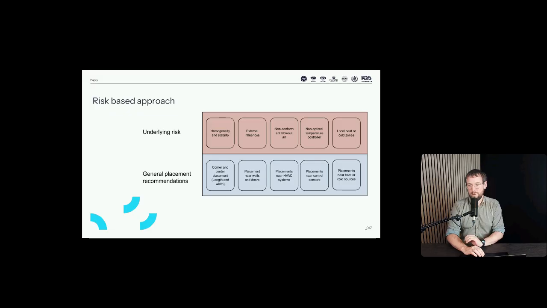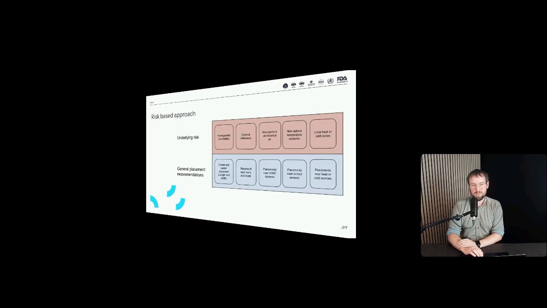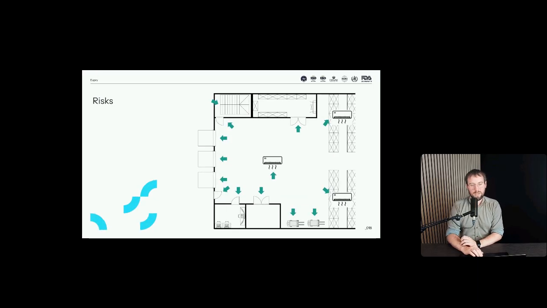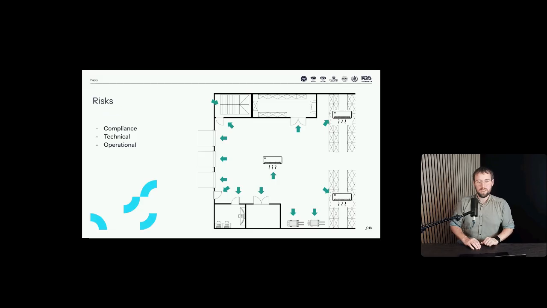I'll just take one more point because I can see some of the questions are really related to this one. So again, remember what we went through. We have compliance risk, technical risk, and operational risks. So if we take this image of a typical warehouse and we apply all of the different considerations, we would now have a lot of different candidates for what sort of test we should run and where we should place our sensors.